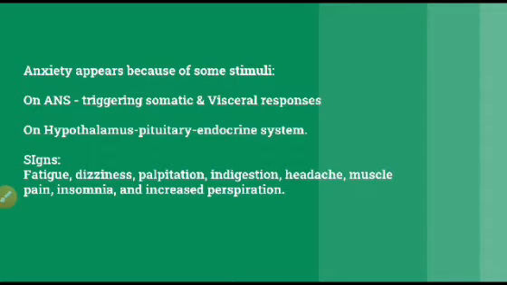These stimuli are also acting on the hypothalamus pituitary endocrine system. By that, the subject will show various signs and symptoms of this disorder. For example, fatigue or fatigability, dizziness, palpitation, indigestion, headache, muscle pain, insomnia, and increased perspiration. So these are a group of signs and symptoms the person is showing.